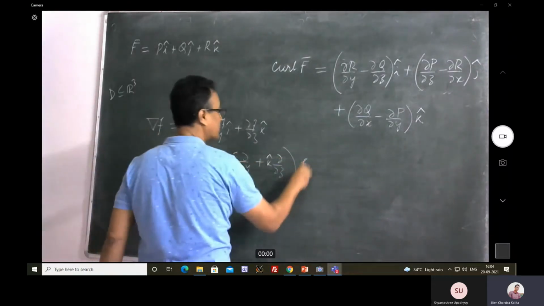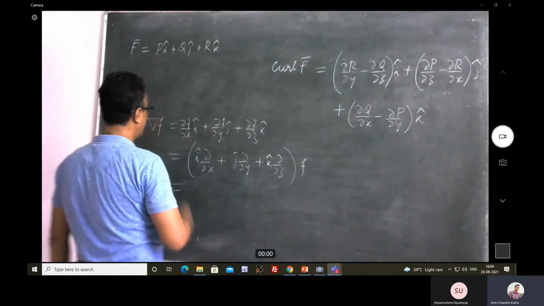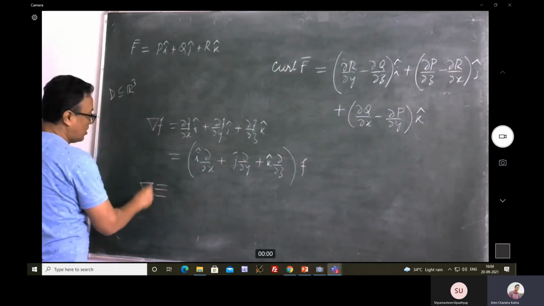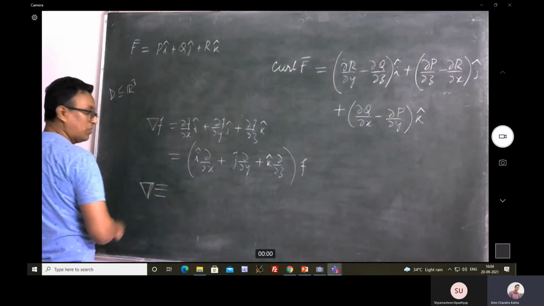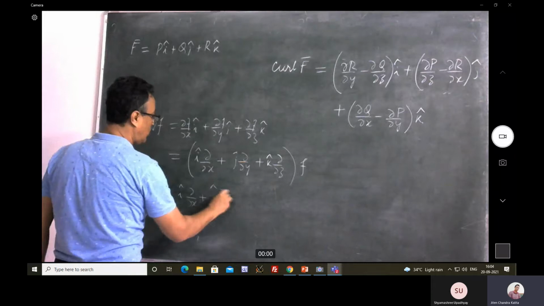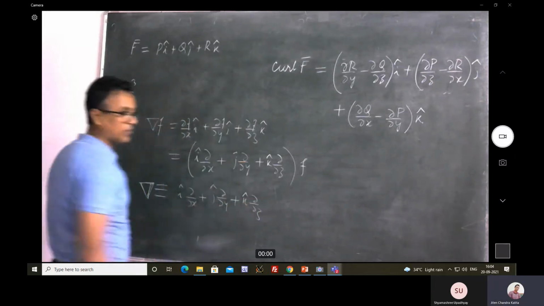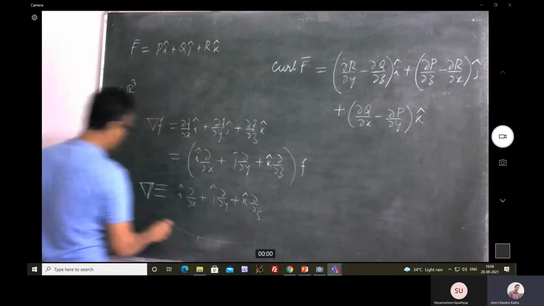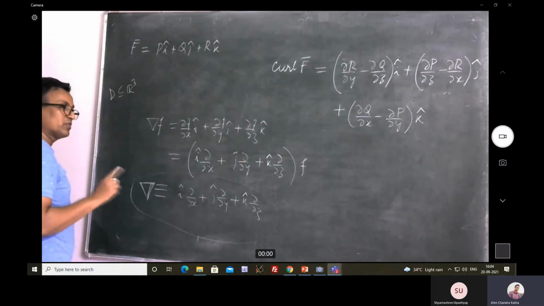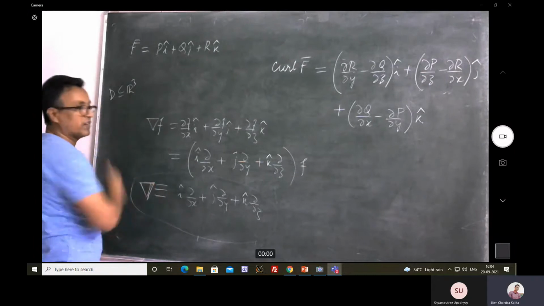I could have simply written it as an operator, and if I say that this symbol nabla is equivalent to this operator, then I am going to introduce this as the gradient operator.